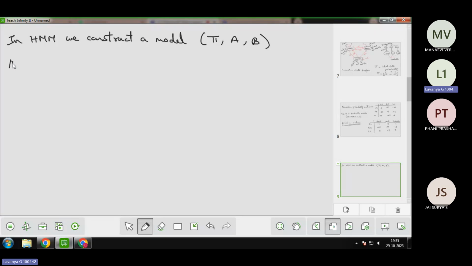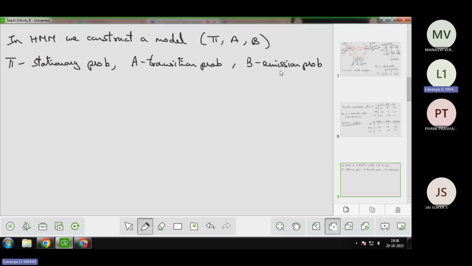Here π stands for your stationary probability, A stands for transition probability, and B stands for your emission probability.